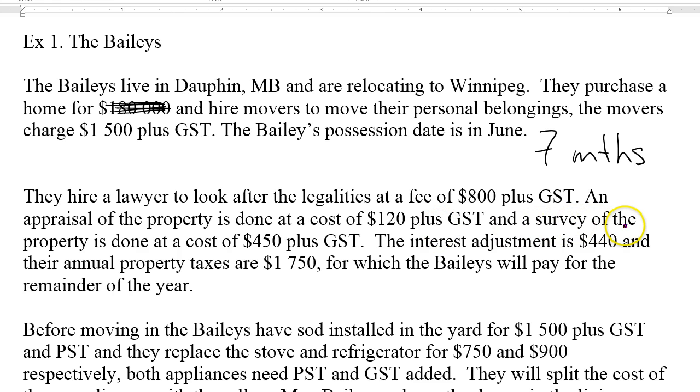A survey to make sure all your buildings are on your property should be done at around $450 plus GST. Here's my interest adjustment because I am having the two properties. That's $440, no tax on that. We've got some annual property taxes of $1,750. Now, of course, they're only responsible for 7/12, so I'll circle that one just to make sure we keep that in our mind.